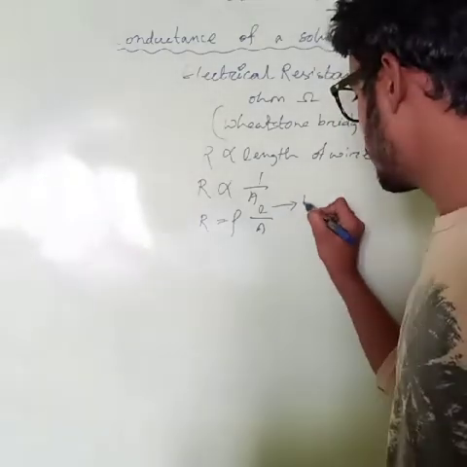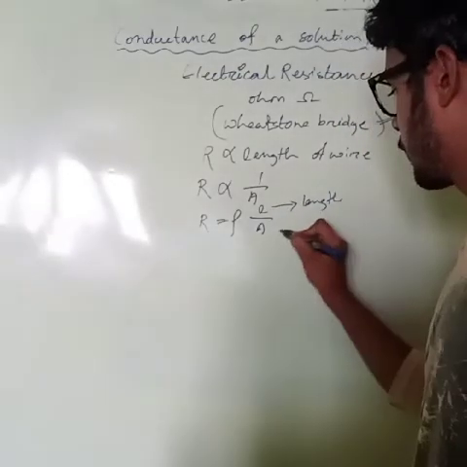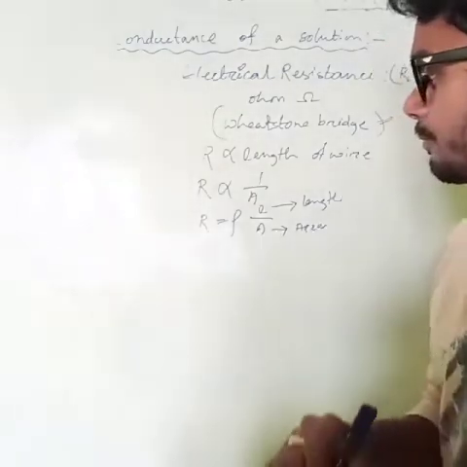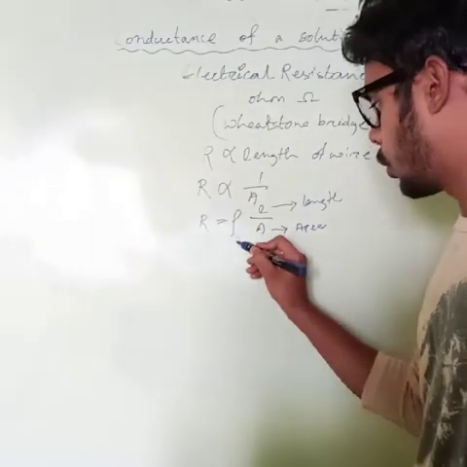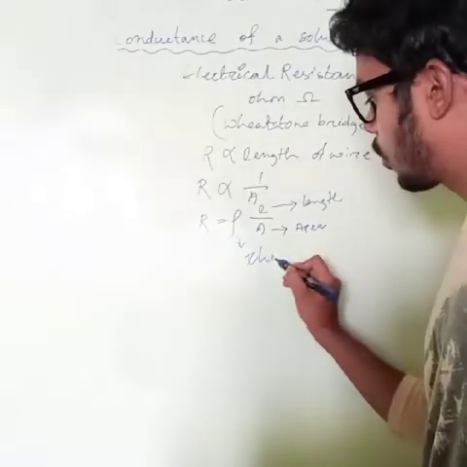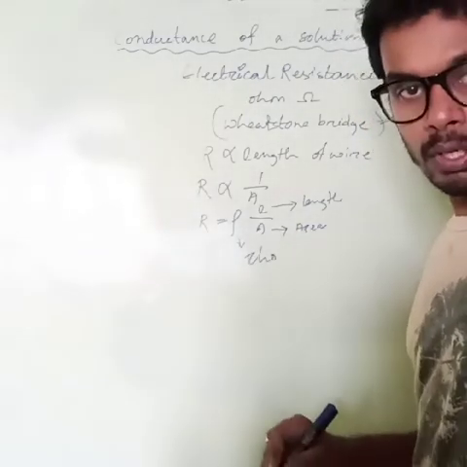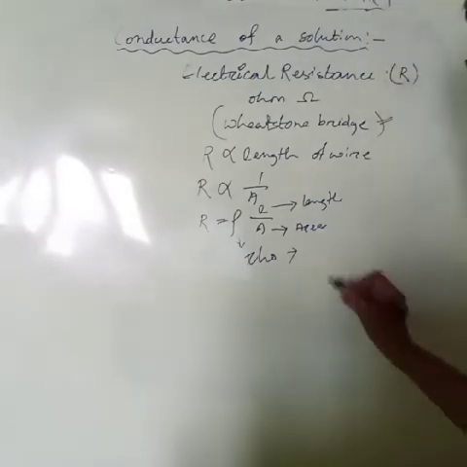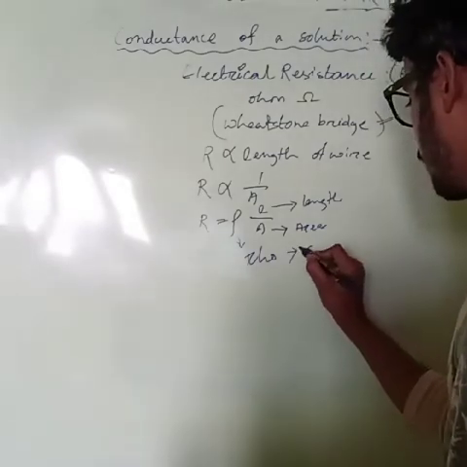What is L? L is the length of wire. What is A? A is the area of cross section of the wire. And what is rho? This is rho, which is nothing but resistivity.